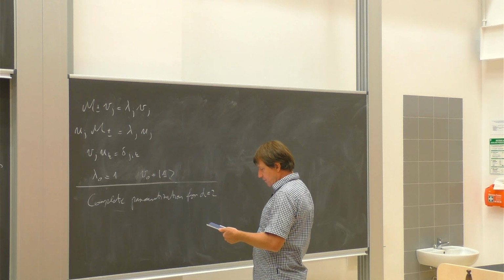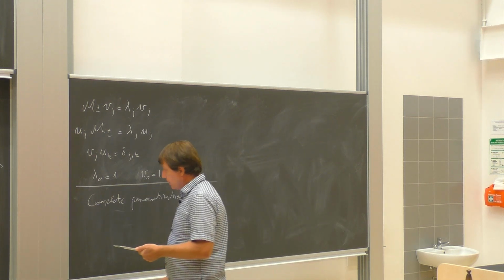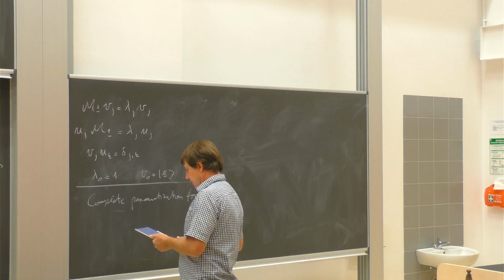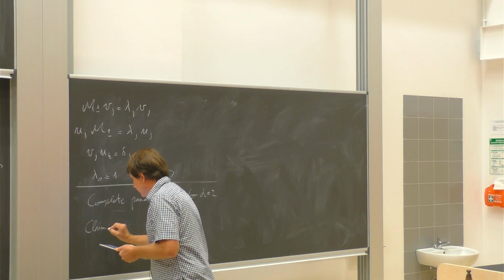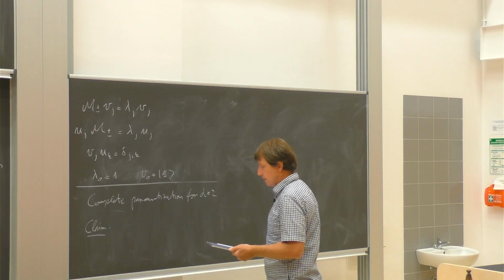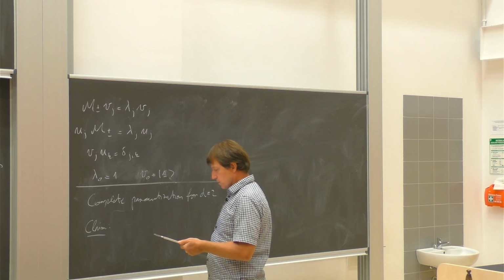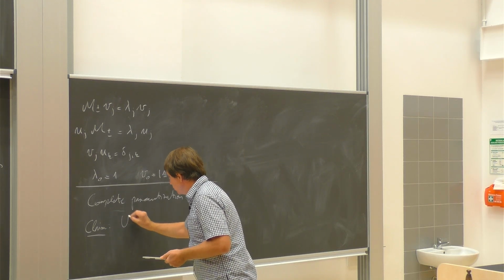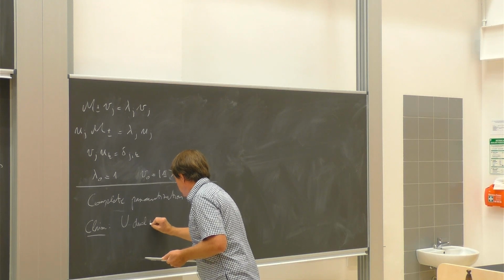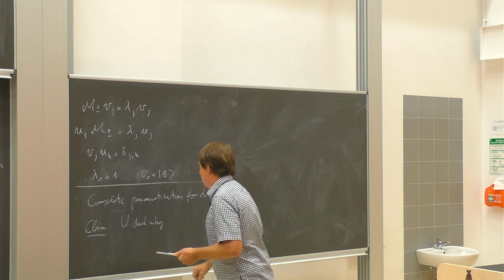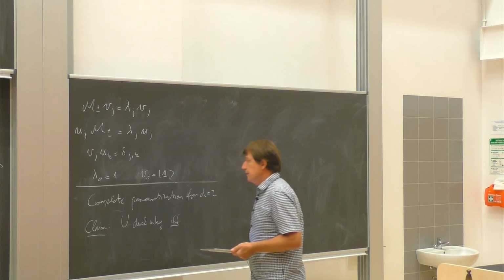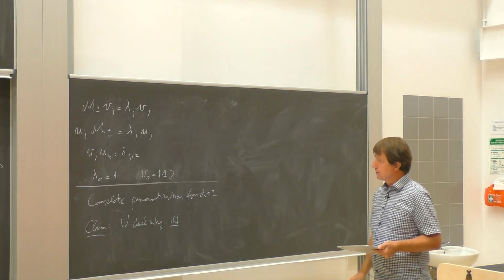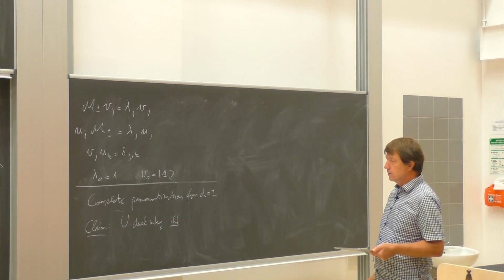And then there are a couple of things which are interesting to observe. First, there are two claims which are easy to prove. The first claim, which is useful, is to say the following: U is dual unitary if and only if U times a permutation, U times a swap, has a unitary partial transpose.